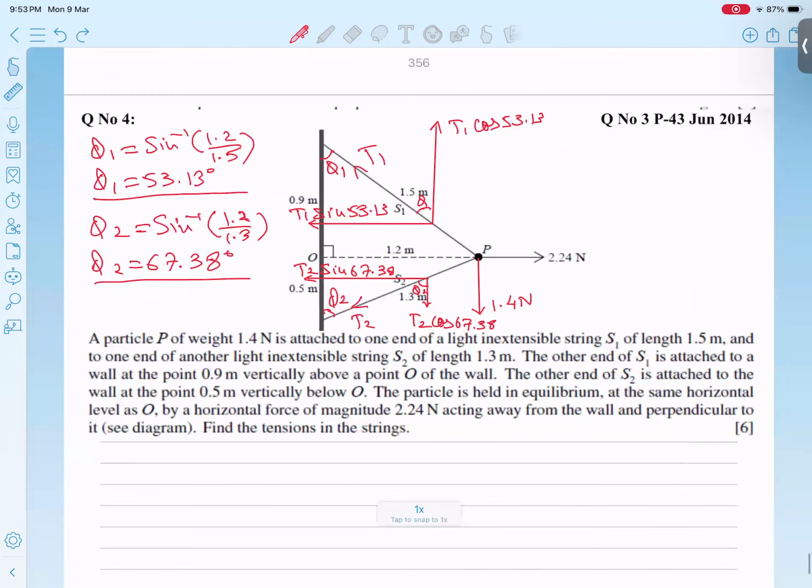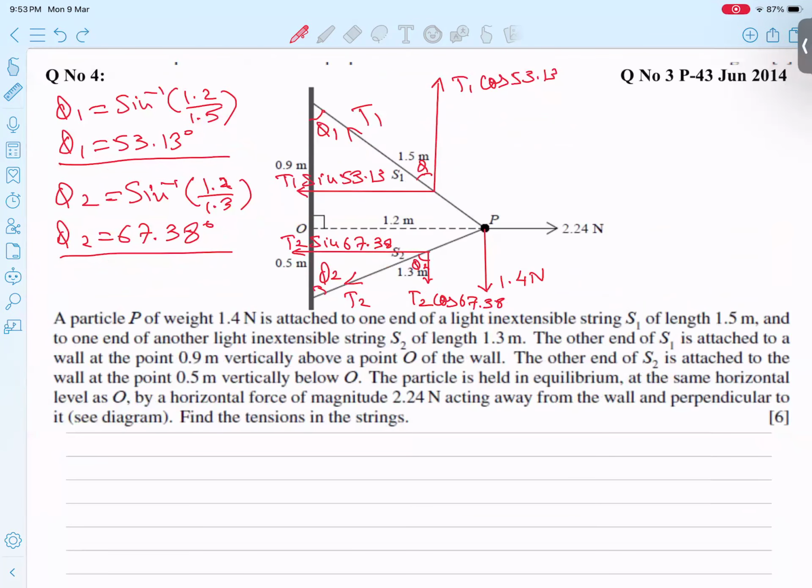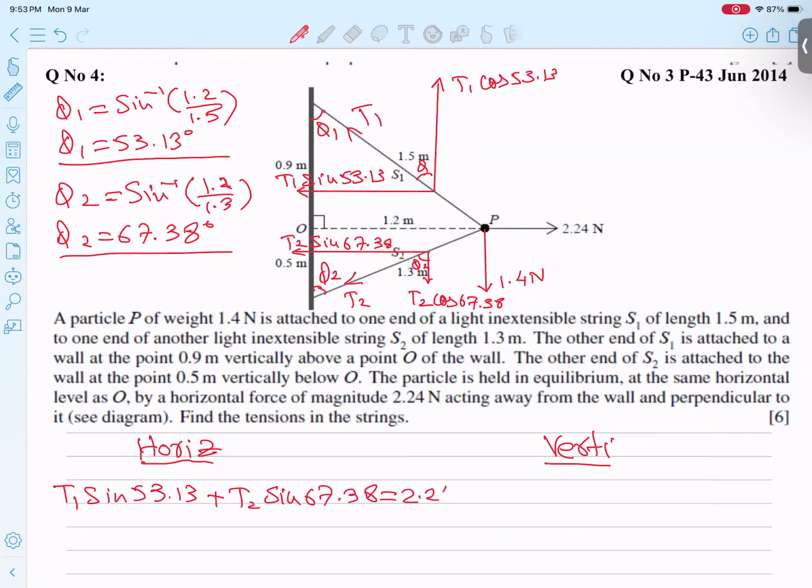So horizontally, T1 sine 53.13 plus T2 sine 67.38 equals 2.24. This comes from here and these two come from here. Very clear approach.